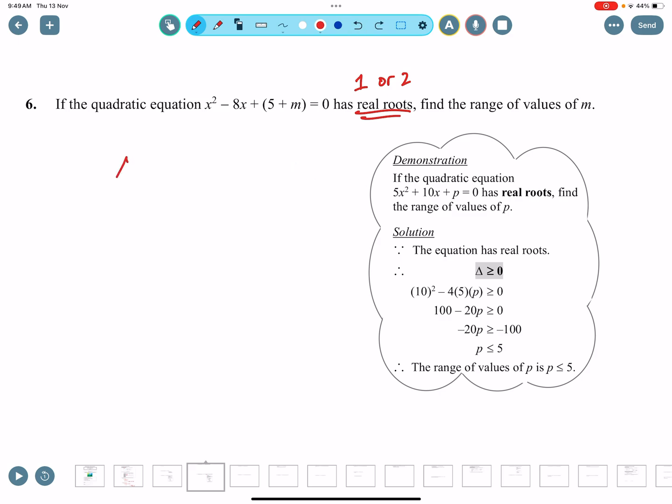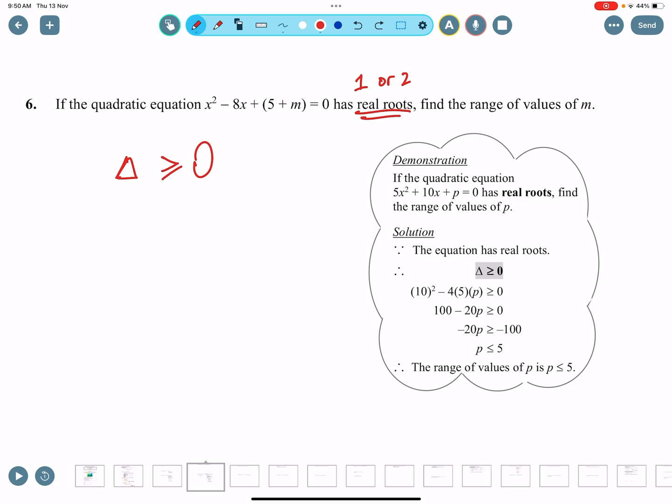In this case, it's going to be greater than, because it can have two real roots, but it can also be equal, one real root. So we're going to combine greater than and equals to together in the same sign. That's why this phrase or term over here is very tricky. It's a combination of 1 and 2 together.